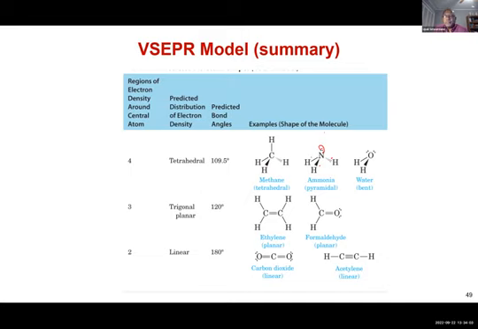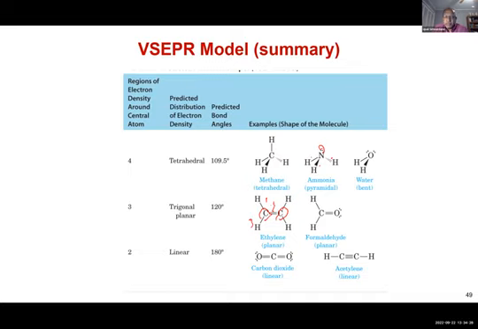Now, when you have 3 bonding groups on the carbon atom, with 2 carbon atoms here, there are 1, 2, 3. The first and third are single bonds. The one in the middle is a double bond.